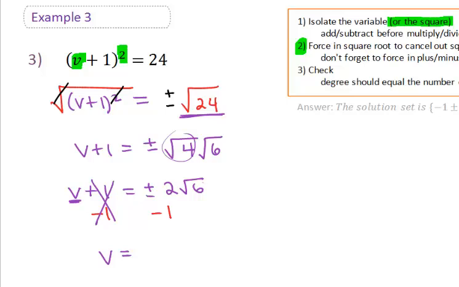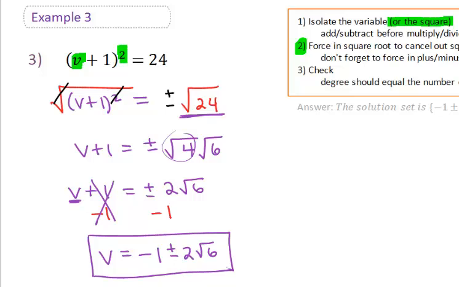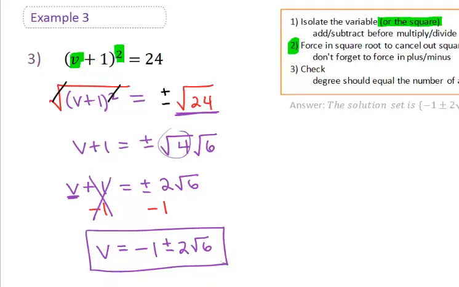So we cannot add them together, so we just have to write down what we see. A negative 1 plus or minus 2 root 6. So that is our final answer to this equation. Again, if the problem asks for the solution set, you put that same answer in the braces.